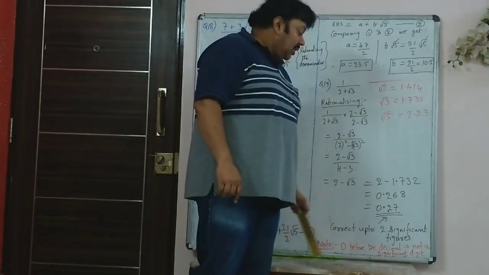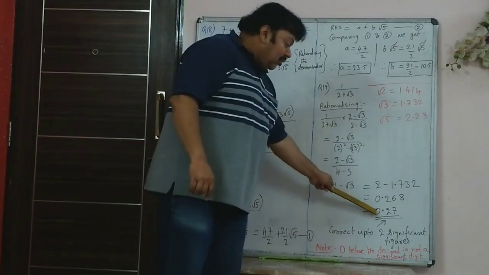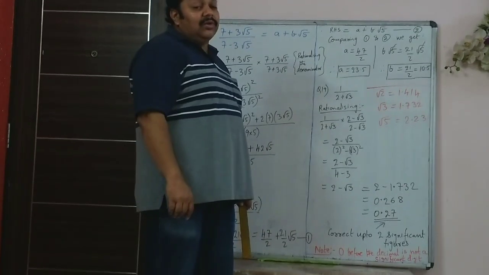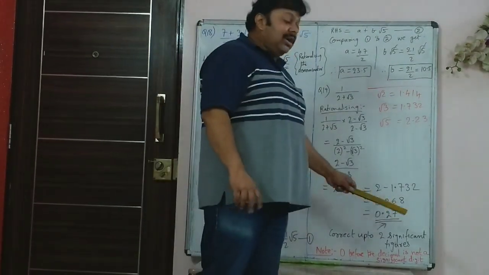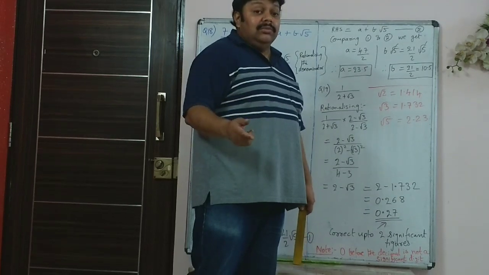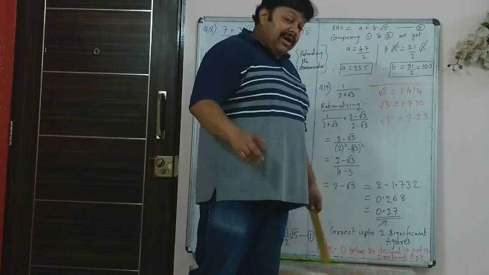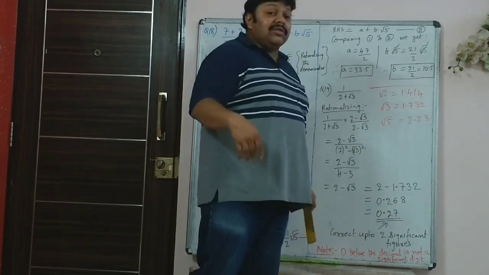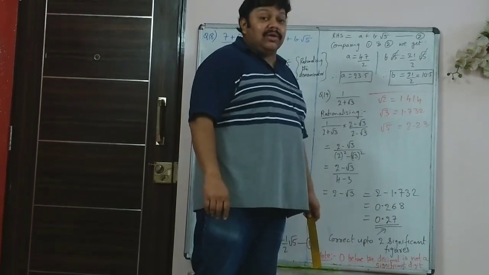So it is 0.27. Remember, the 0 before the decimal is not a significant figure. Had it been 1.27, then I would have taken it as 1.3, because 1 before the decimal is significant. But 0 before the decimal is not considered as a significant figure.